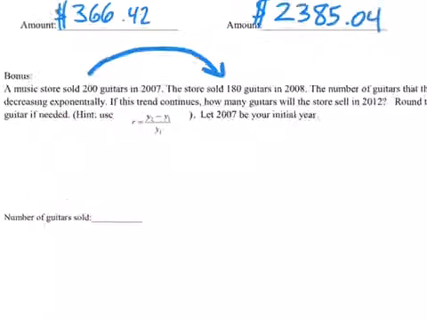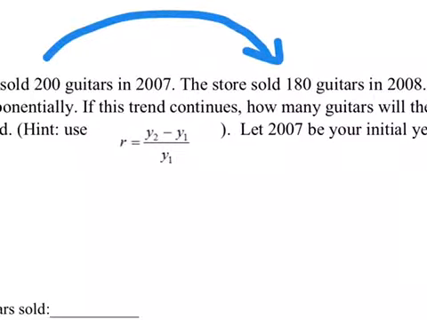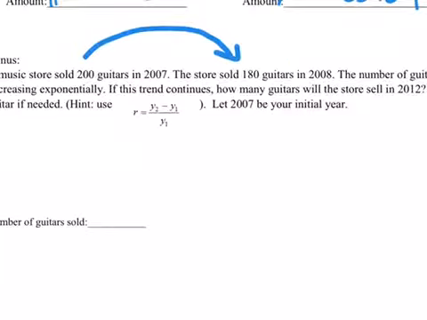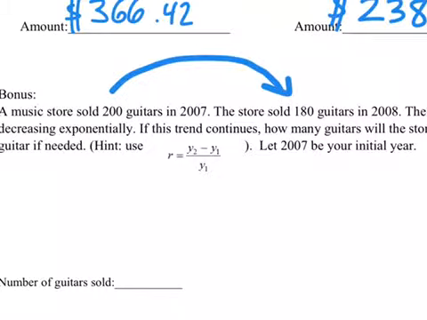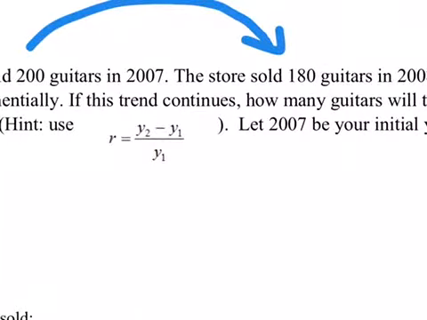So this formula here is essentially the exponential version of the rate of change formula that you might be familiar with from Algebra 1, y2 minus y1 over x2 minus x1. So let's go ahead and give this a try. We find this by plugging in our different values. Year is our x, so our y2 will be the different amounts. So we sold 180 in year 2.